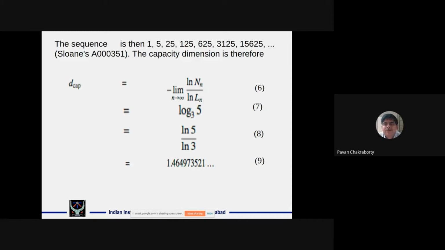So log of 1 by 3, and this comes to effectively log 5 over log 3, which is given here in this manner. So this is called the dimension of the fractal. As you see, this dimension is not an integer, but a fractional dimension. Because of this fractional dimension, the fractal is sometimes called a fractional dimension object. So it is important to know what a fractional dimension is.